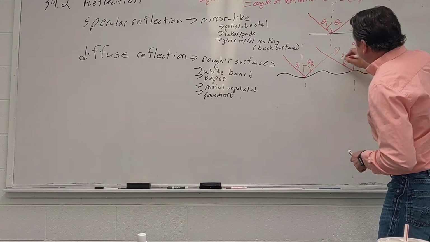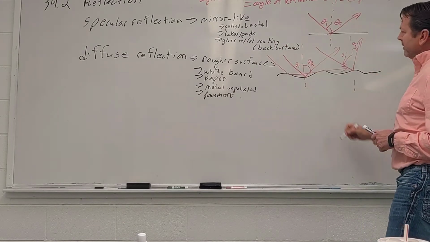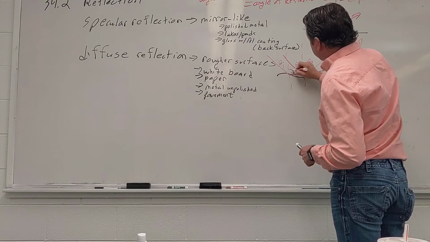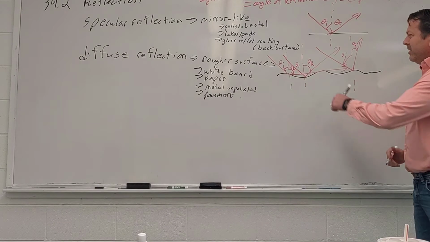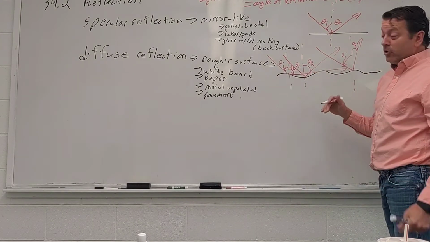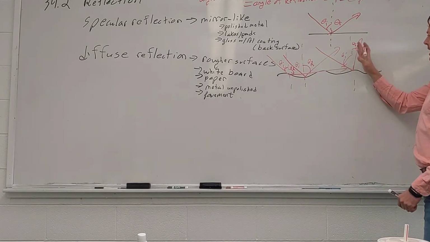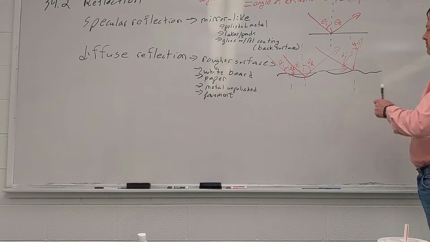And then you've got another one that comes in, say right here, and it goes out that way. So here they're about the same. Here the angle of reflection is much, much bigger with respect to the normal. It goes out almost straight. Here the angle of reflection is much, much smaller compared to the incident angle.